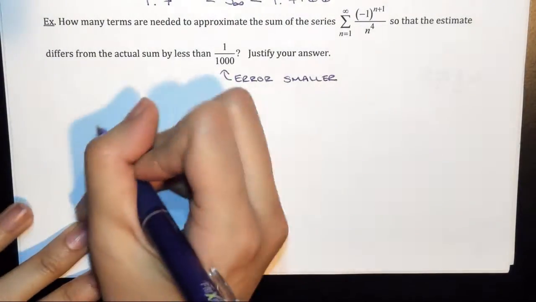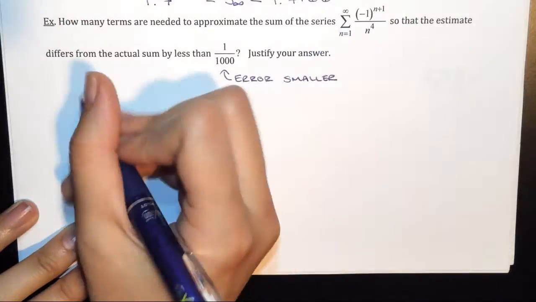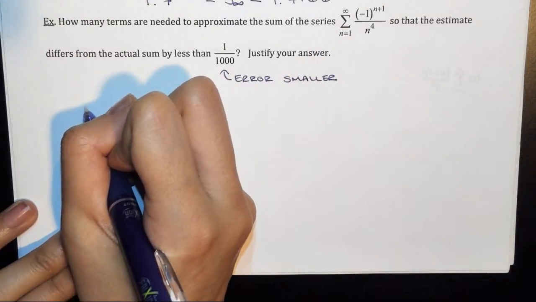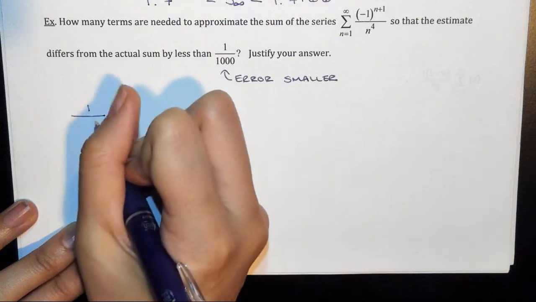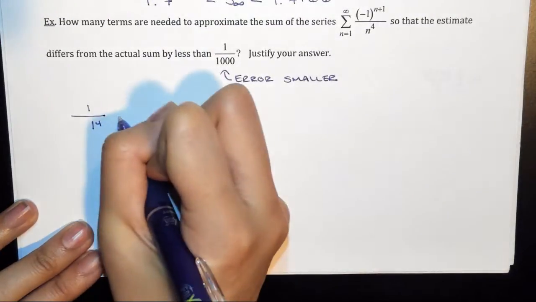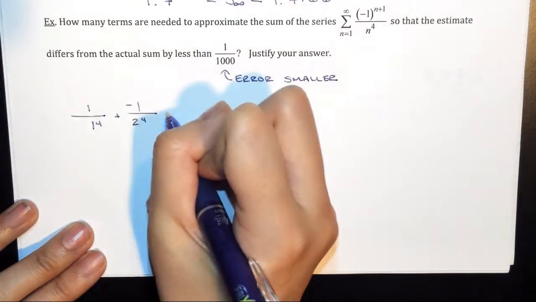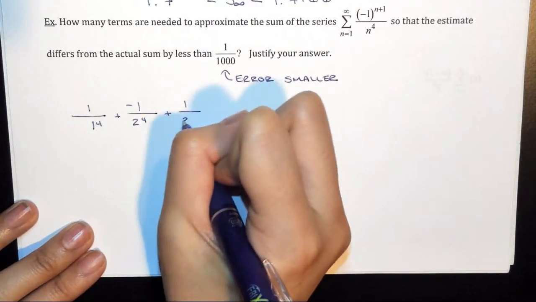So let's just type in the terms. 1 inside there would be positive 1 over 1 to the 4th, 1 over 2 to the 4th, 1 over 3 to the 4th.